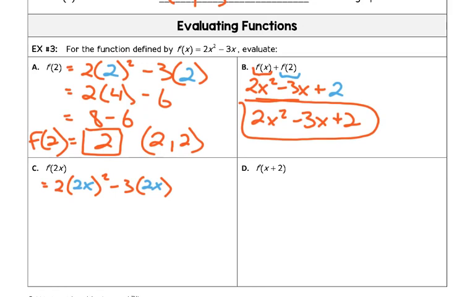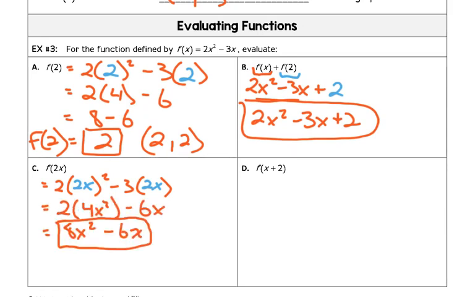So all I did was put a 2x in place of x. That's how we start to evaluate f of 2x. Now we simplify and combine like terms as much as we can to get our final answer. Simplifying down, we end up with 8x squared minus 6x.